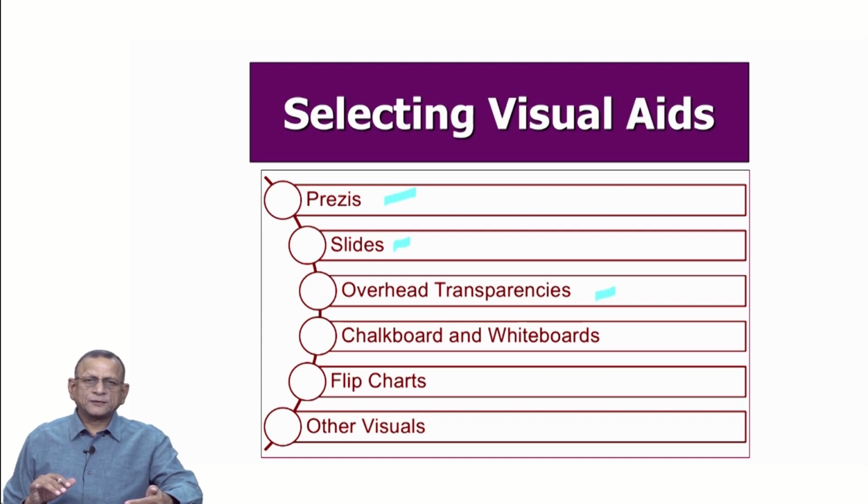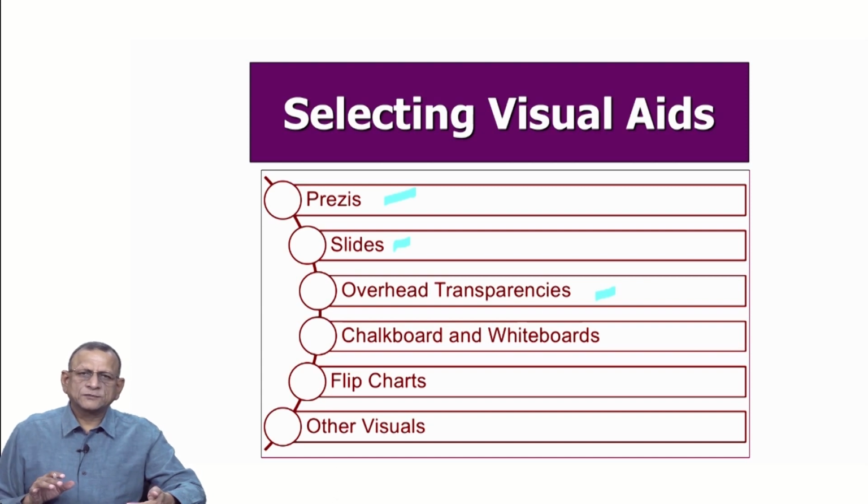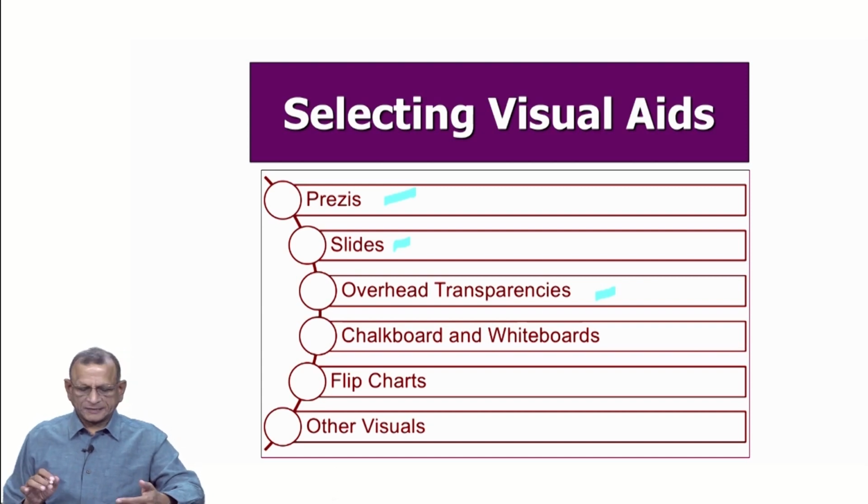Whatever you write on the plastic sheet will be projected by the projector on the screen, on the wall. We also had the option to print those transparent plastic sheets with printers, color or black and white. But by and large nowadays nobody is using overhead transparencies.